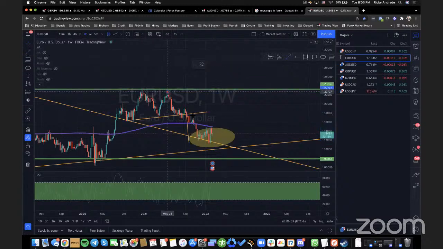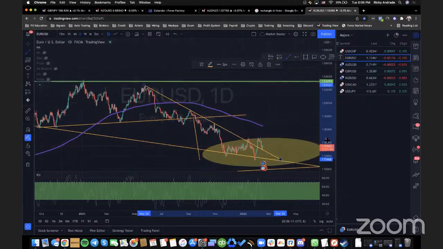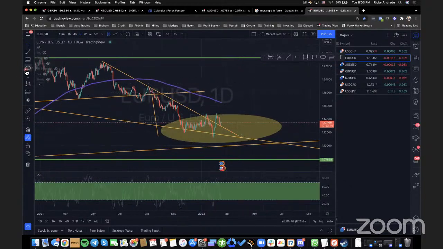So looking at here, let me just get this resistance. It's going to be easier to see on the daily, that resistance. Okay, so that resistance was broken, and this is a perfect setup because it's showing signs of reversal already.